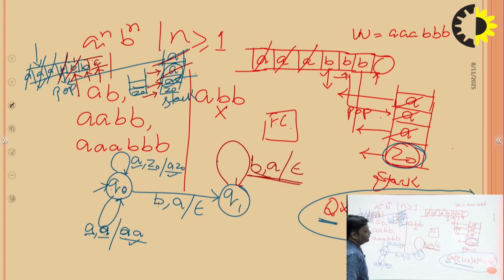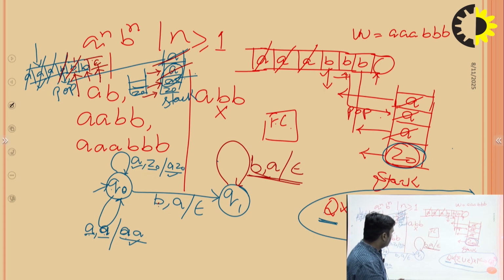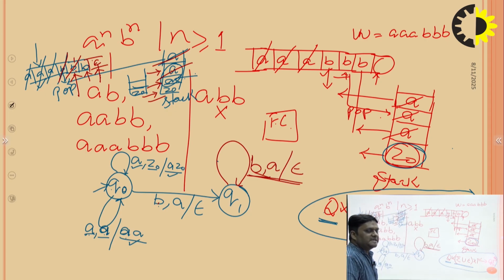In the next step we get epsilon, which means all the string has been executed. No input symbol is here, and at this point Z0 is here. Then we can say that the string is accepted here.